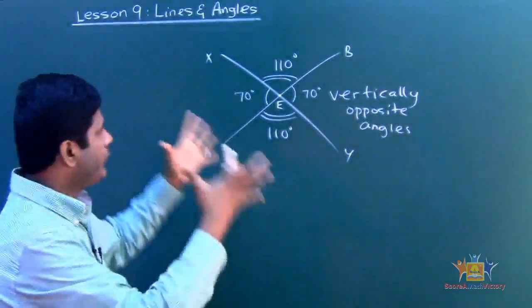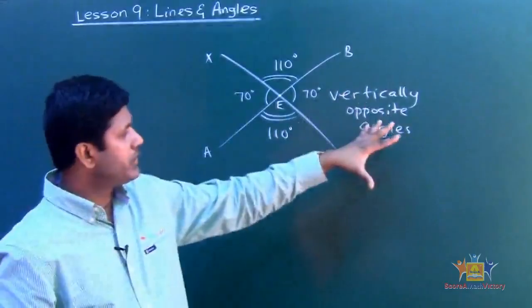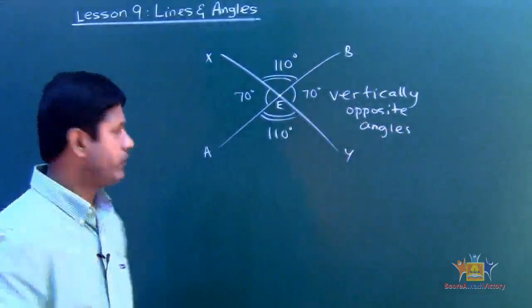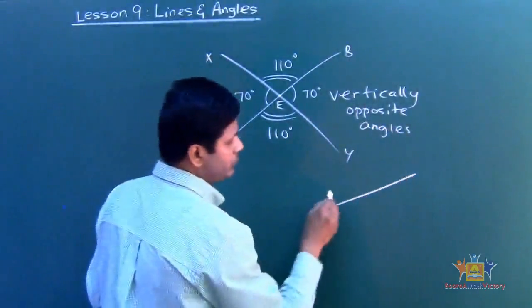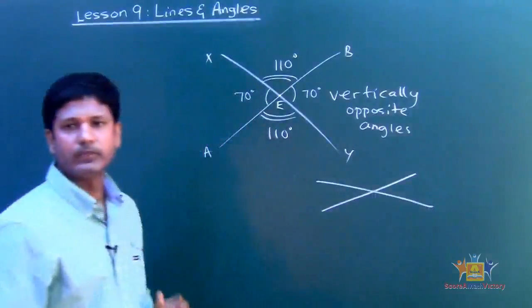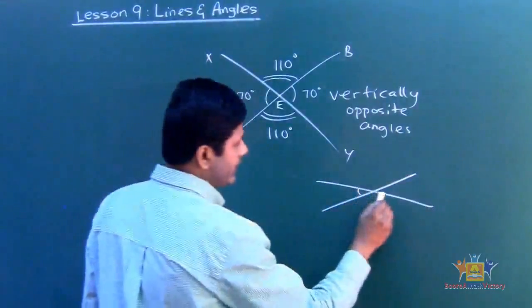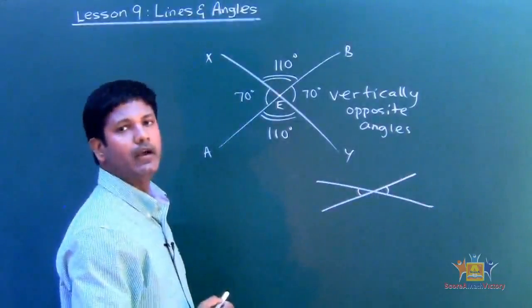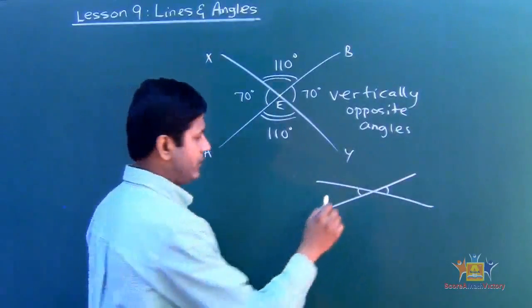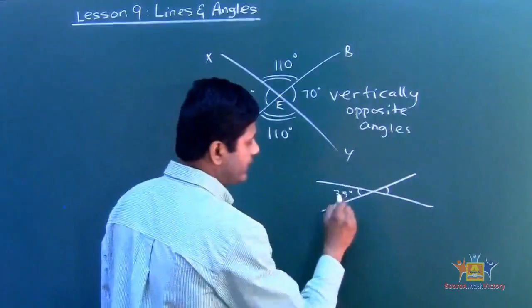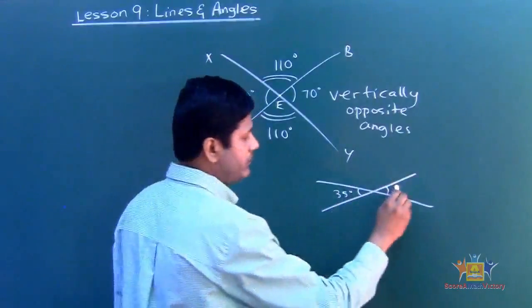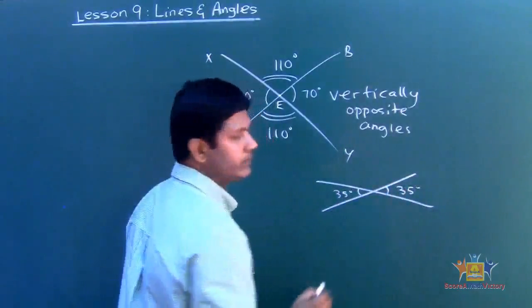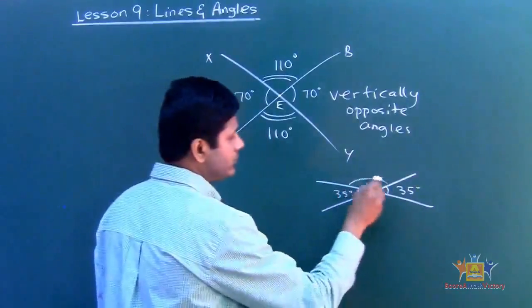So it is very important to understand vertically opposite angles. If I give you any two lines intercepting, this angle and this angle are vertically opposite angles. They're identical. If I tell you this is 35 degrees, what will this be? 35 degrees as well. That means these two will be the same.